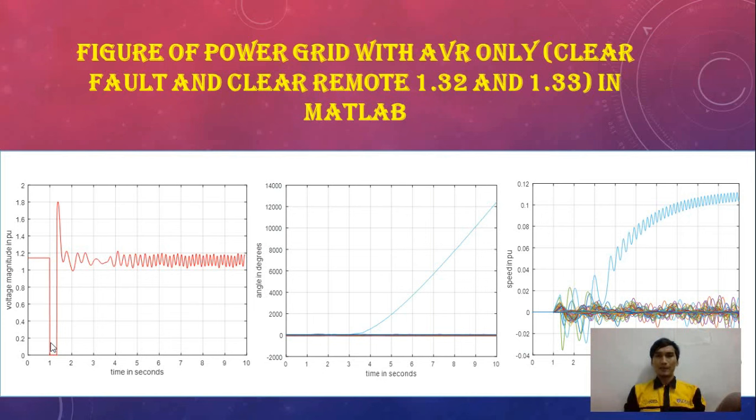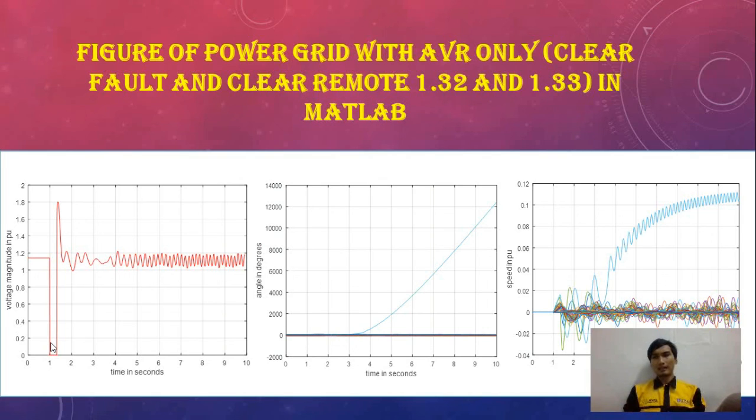Without the PSS and AVR, it is difficult to recover from the fault, and it maybe can maintain the power grid back to normal again.